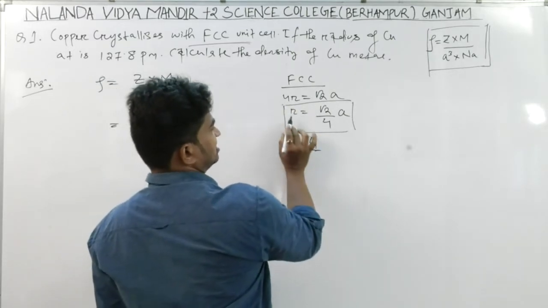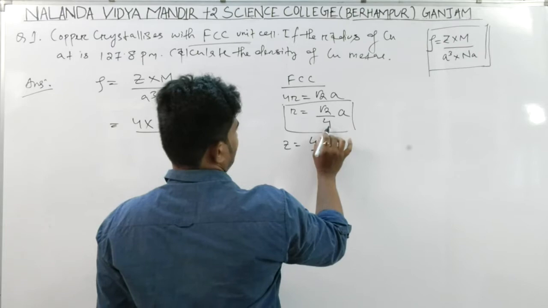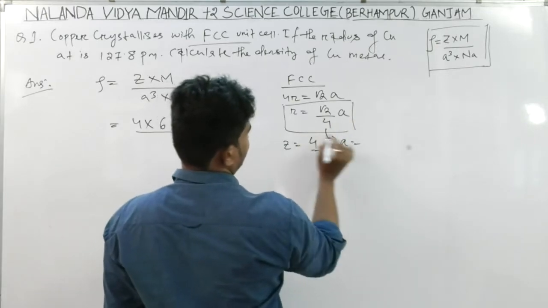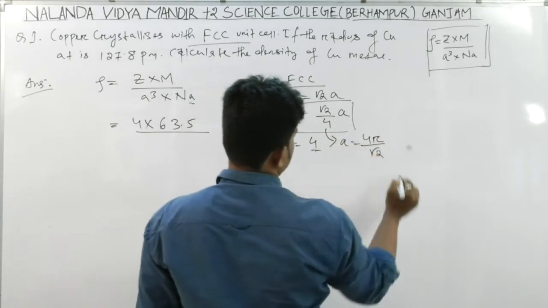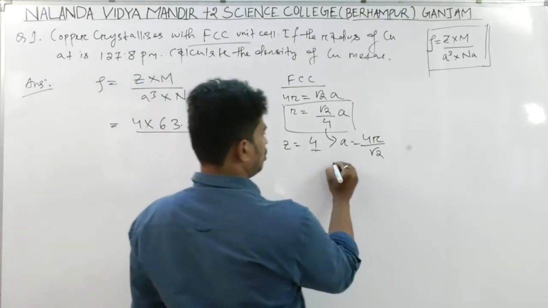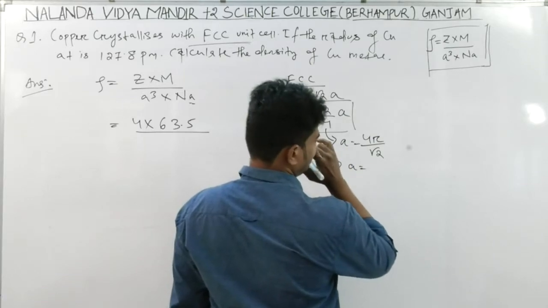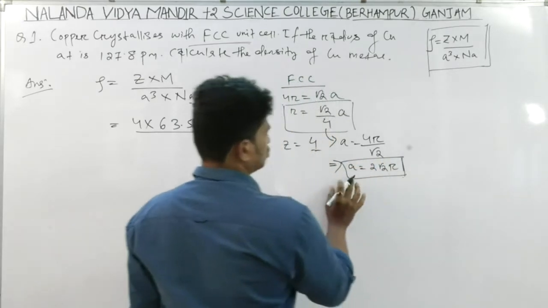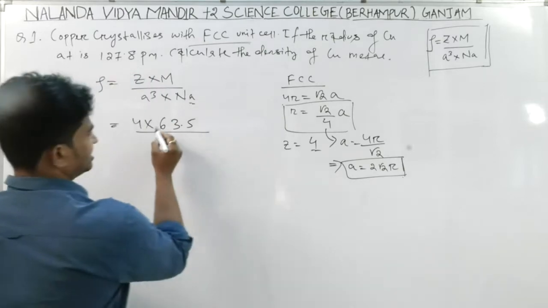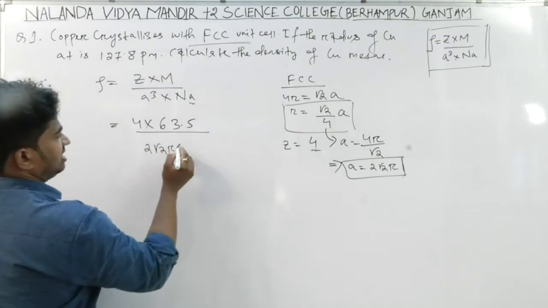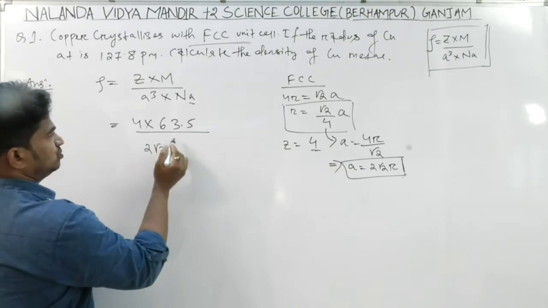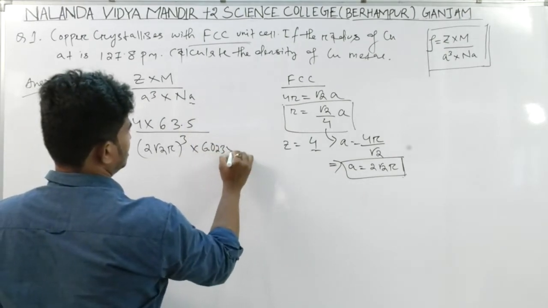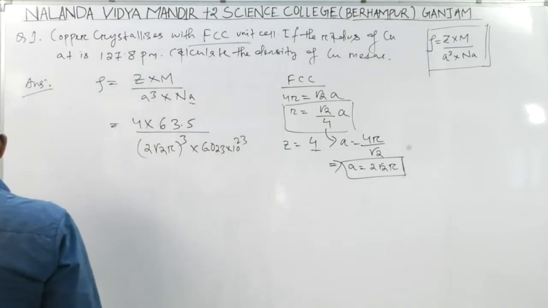From the relation R is equal to root 2 by 4 A, A will be 4R divided by root 2, or A is equal to 2 root 2 R. So in place of A we can write 2 root 2 R, then cubed, into 6.023 into 10 to the 23.